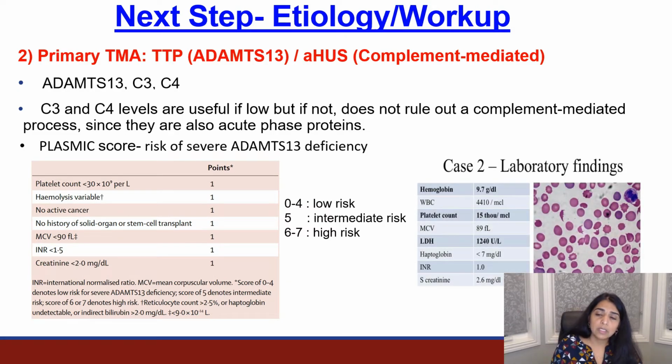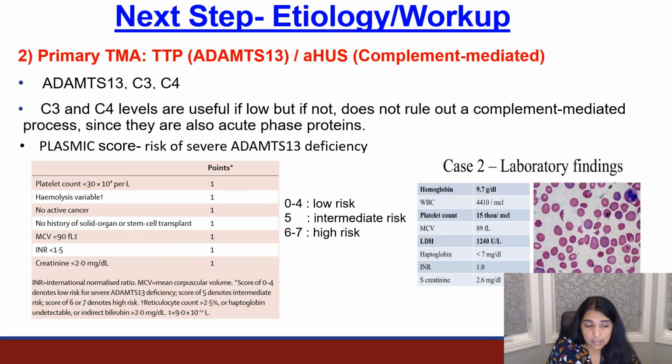So if we put the patient's lab findings and compare it to figure out what her PLASMIC score is, her platelet count gets a point at 0.01. There is evidence of hemolysis given the elevated LDH and the low haptoglobin, so she gets 1 point for that. There is no mention of cancer or organ transplant in this patient, so 2 points right there. Her MCV is right below 90, so she's already at 5 points.